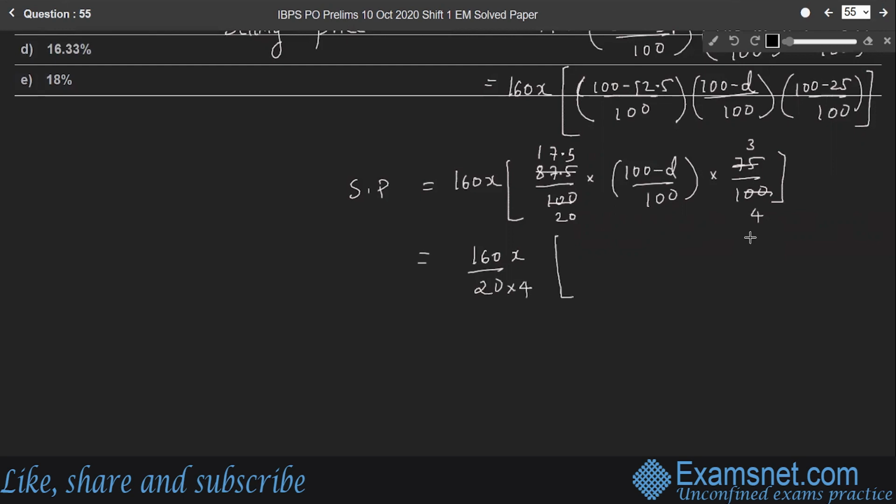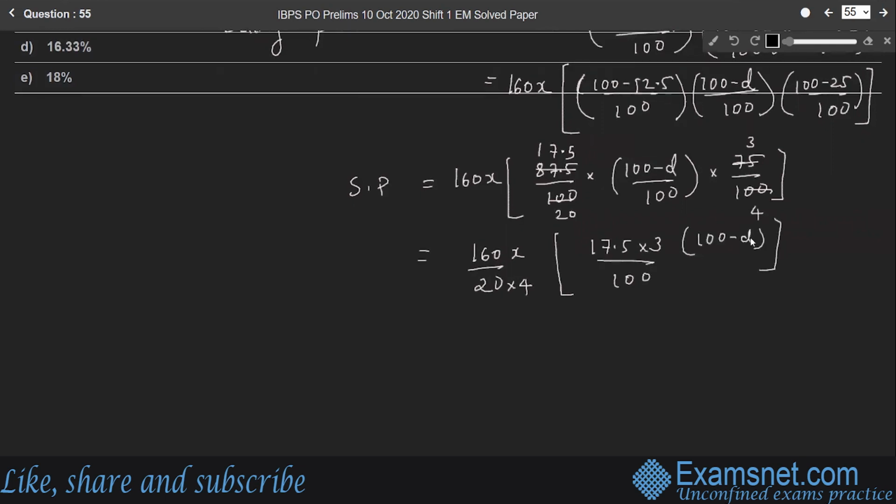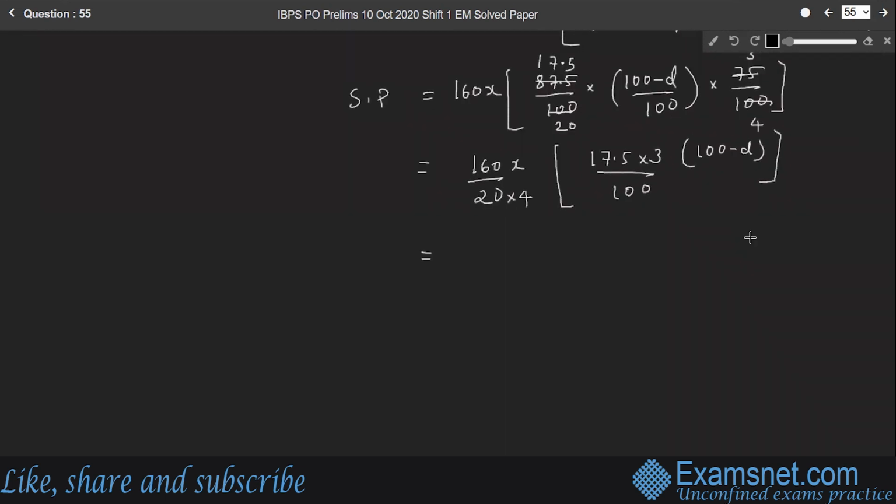The remaining terms are 17.5 into 3 by 100 into (100 minus D).